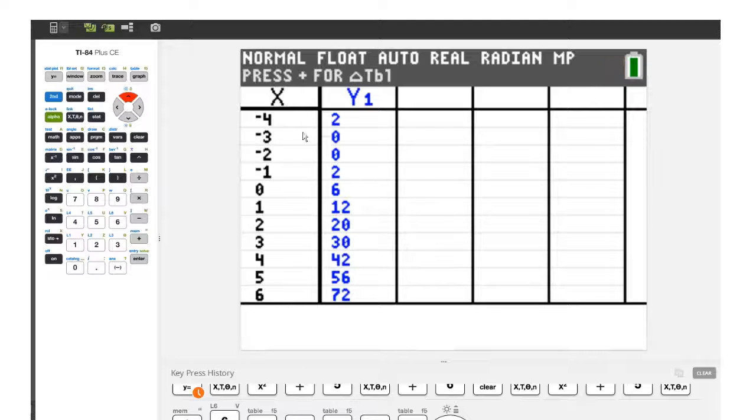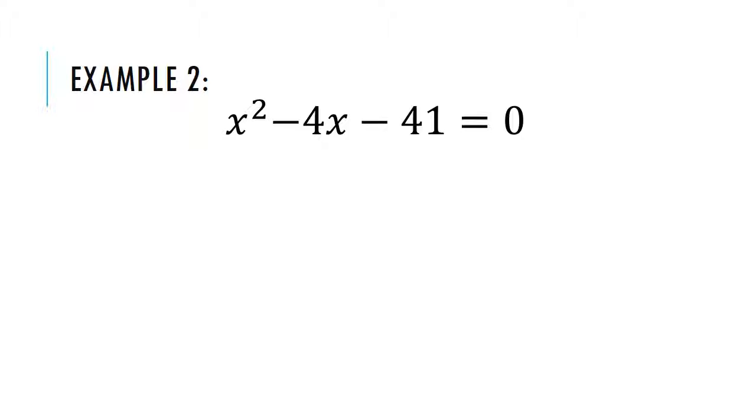They both have a y value of 0. So these are the zeros, -3 and -2, which means that the work that I did using the quadratic formula is correct.